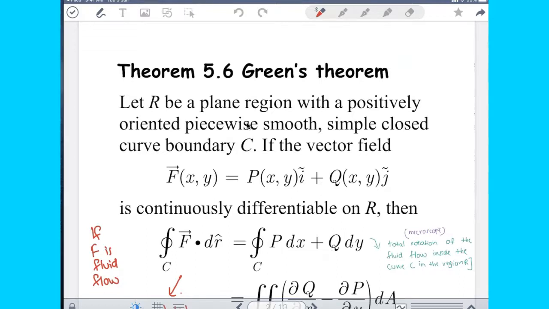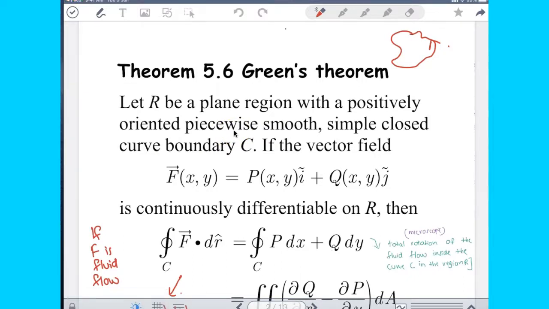So you have a simple closed curve, and the boundary of that curve is positively oriented, always pointing counterclockwise.